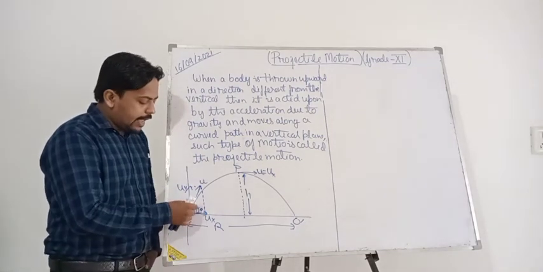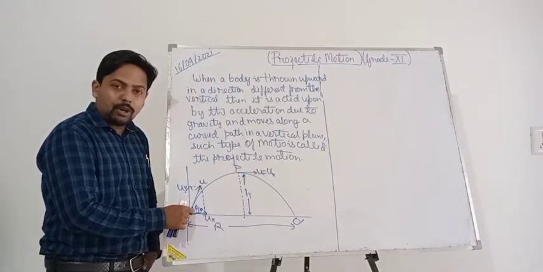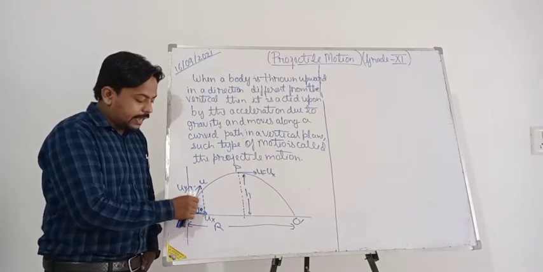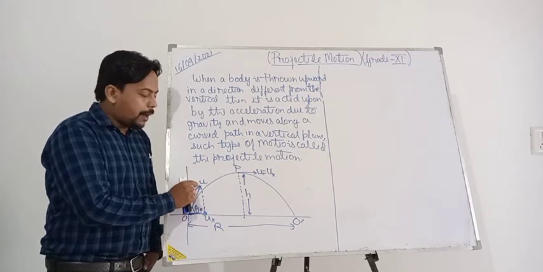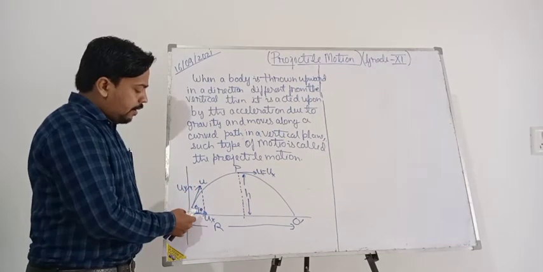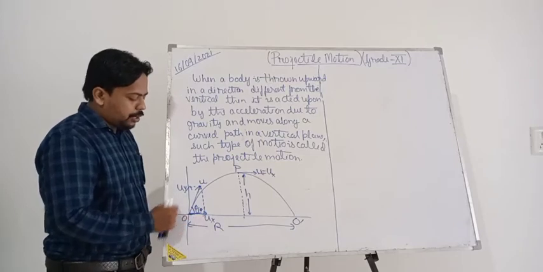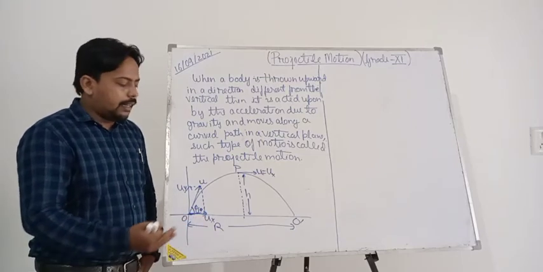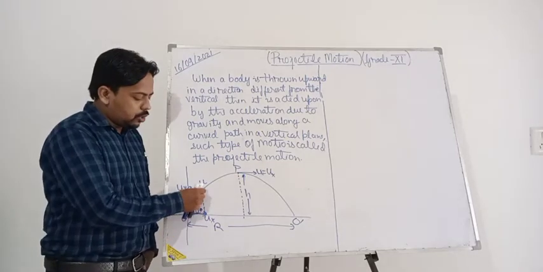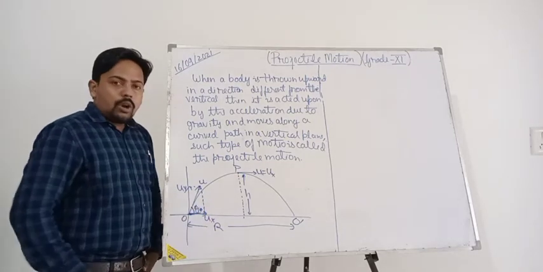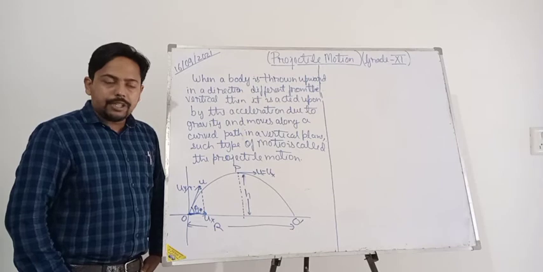Here is the angle of projection, which is theta naught, and at this angle I am giving the initial speed u to our particle. And these are the two components of our speed that we will get after resolving u along the horizontal and vertical direction.